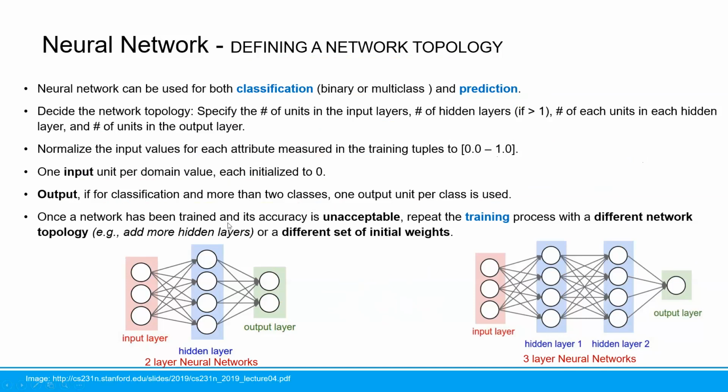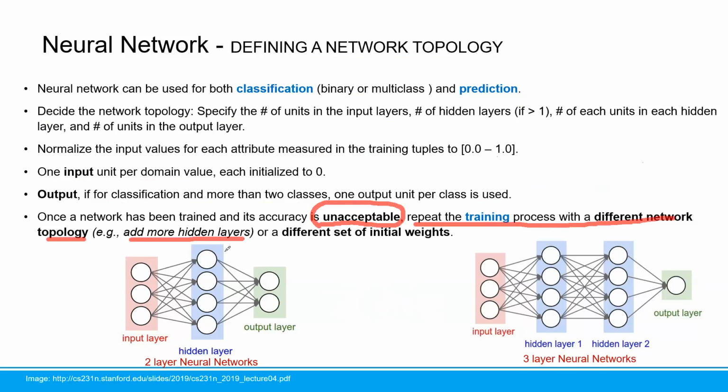Once a network has been trained and its accuracy is unacceptable, meaning the accuracy is low and we want to get a high accuracy, then we can repeat the training process with a different network topology. For example, I can add more hidden layers.